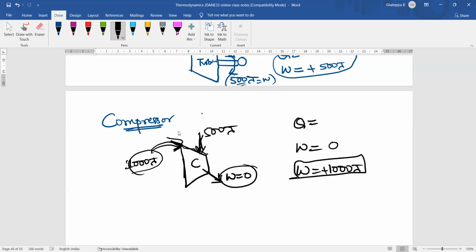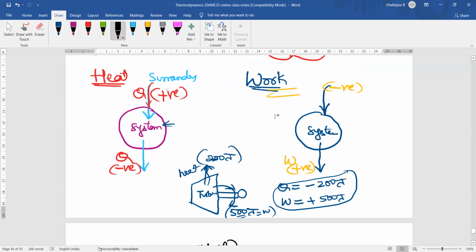Here heat is also supplied, and work is also supplied. There should be some difference, no? Both are supplied to the system and you are saying both are positive, but it should be opposite. Work supplied to the system is positive or negative? Look at this diagram here in the block diagram. It's negative.